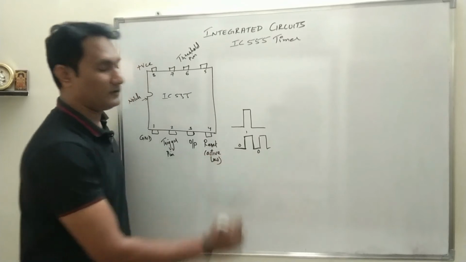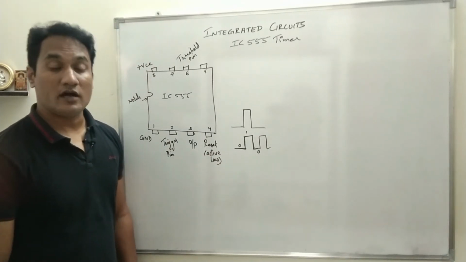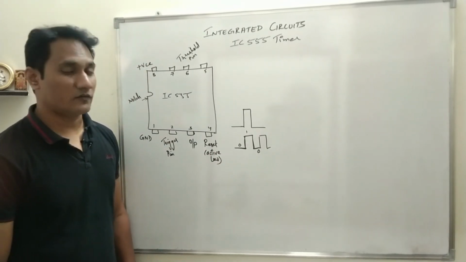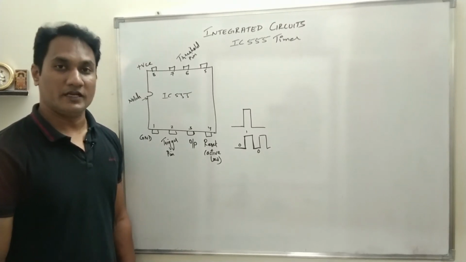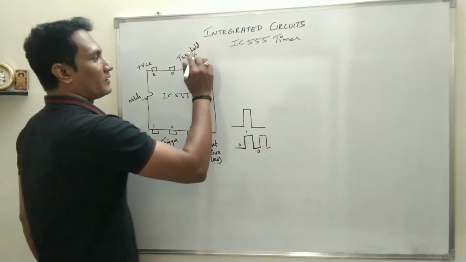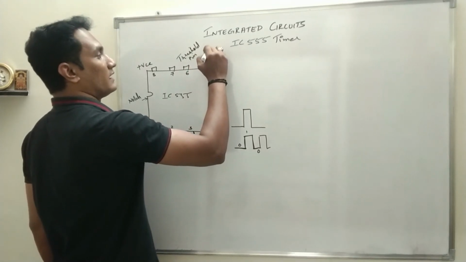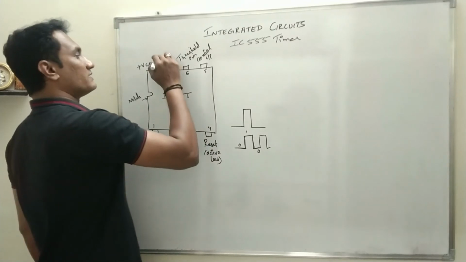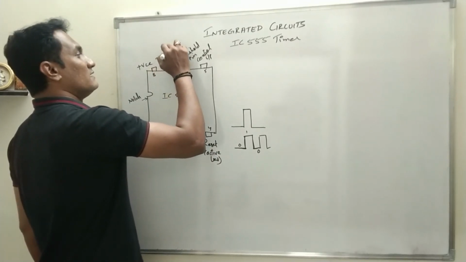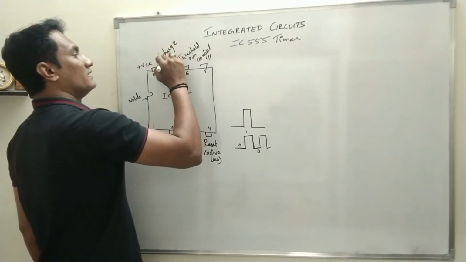When it is activated, the output will not change irrespective of whatever potential you are giving at the trigger terminals, pin number 2 and pin number 6. Okay, pin number 5 is called the control input, and pin number 7 is called the discharge terminal.